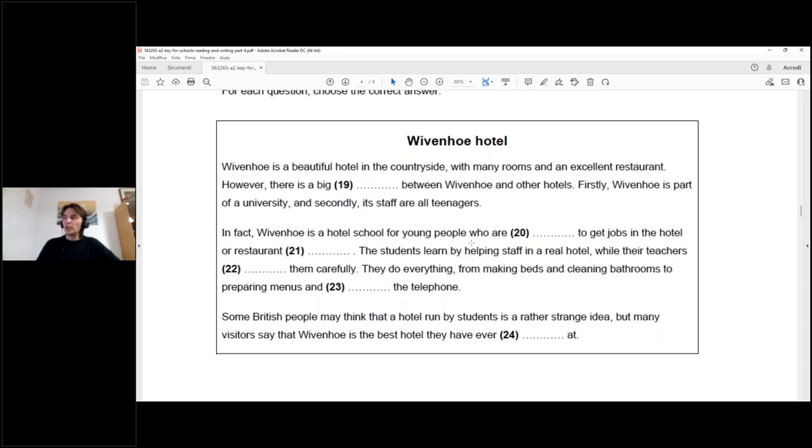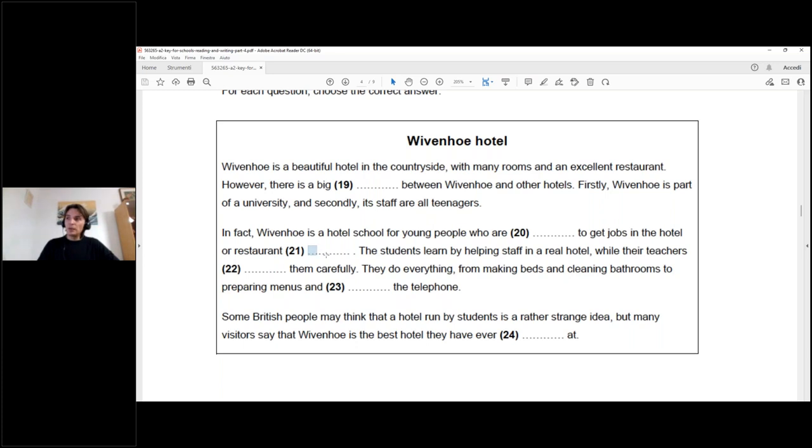Vivenau is a hotel school for young people who are going, what do you think? Who are going to get jobs? Quindi è un hotel per giovani persone che intendono trovare lavoro nel settore alberghiero, in the hotel, o nel restaurant.